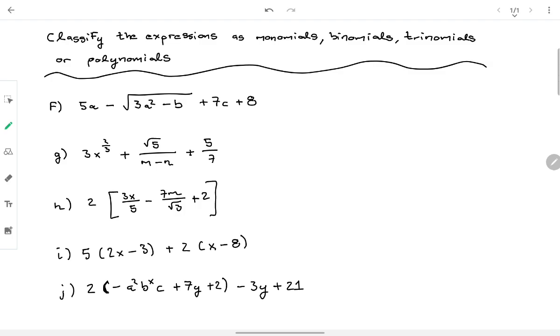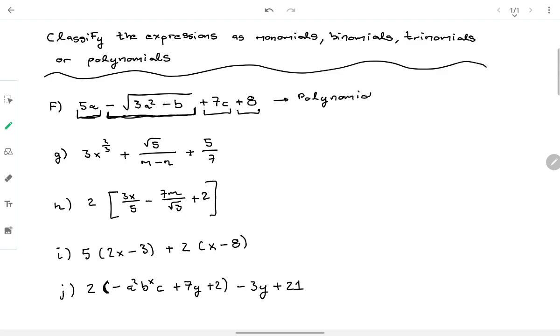In the first case, it's very important that we look at the terms. This is the first term. This will be the next term, because like parentheses, when we have roots, we can classify it as only one term. This is another term. This is another one. So we will have four terms, so we will call it a polynomial.